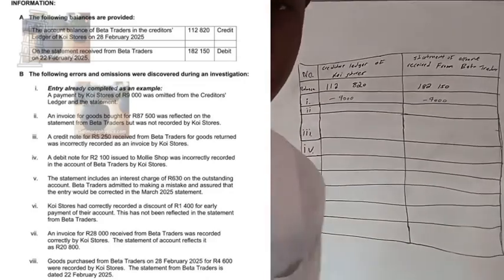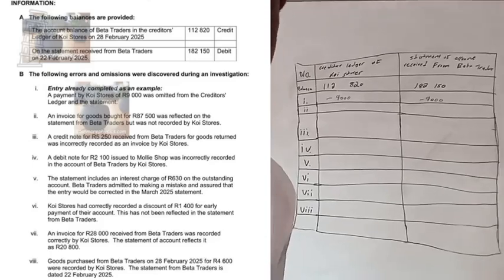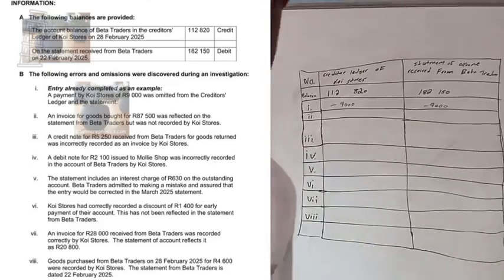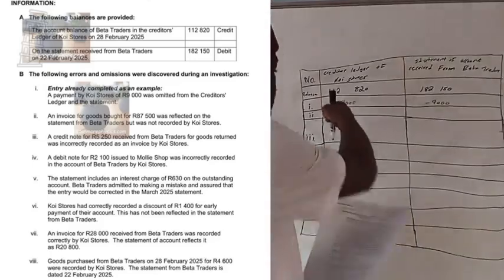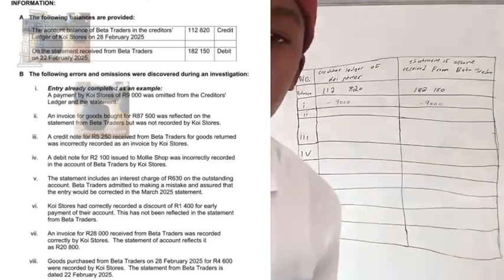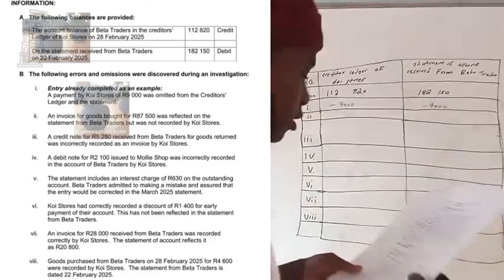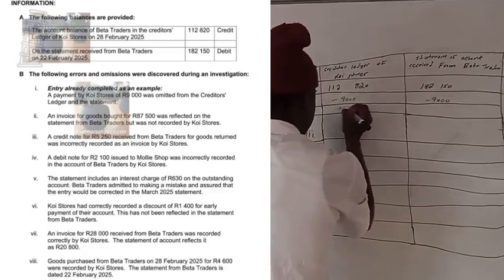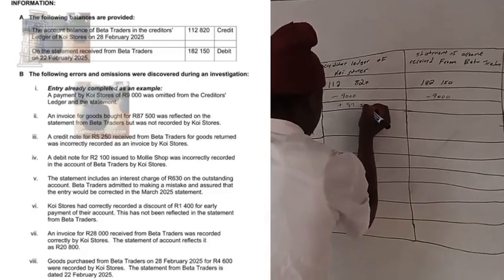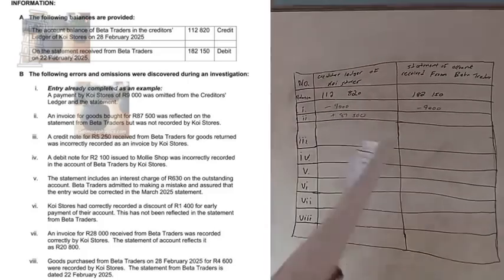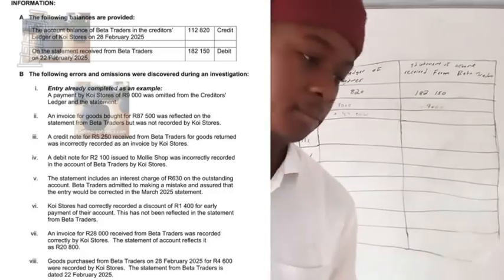We bought the goods, but we did not record it. So we have to do what? We have to add the 87,500 here because we took the goods, but we forgot to record it. So we add it. It will be plus 87,500.